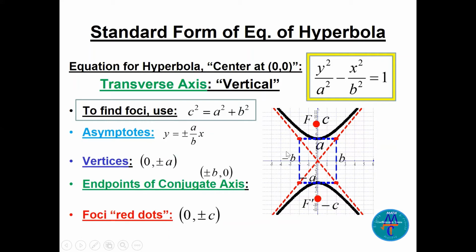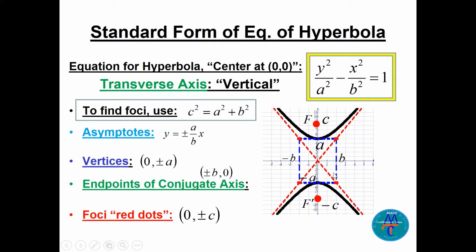The vertices are (0, A), you can see on the y-axis here, and (0, minus A). The conjugate axis endpoints are (B, 0) and (minus B, 0). And the foci are also inside the hyperbola, (0, C) and (0, minus C). Now, every hyperbola has a fundamental rectangle here.